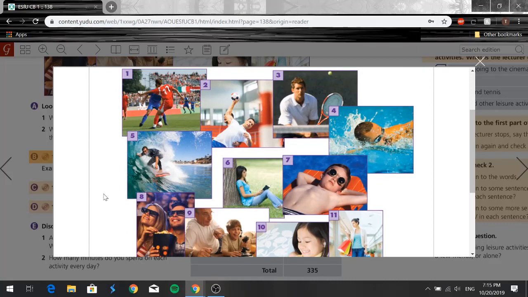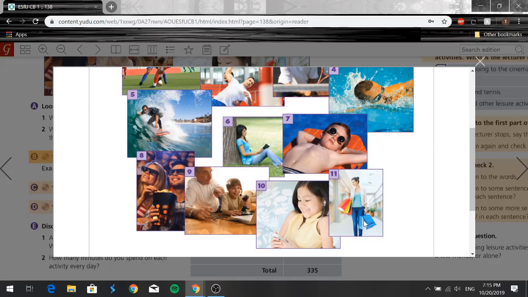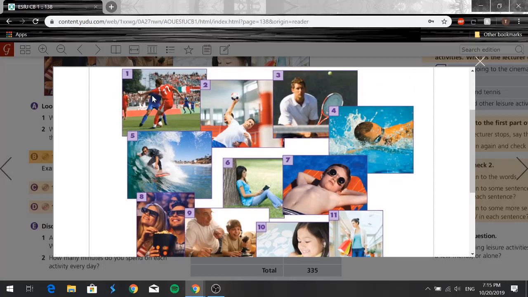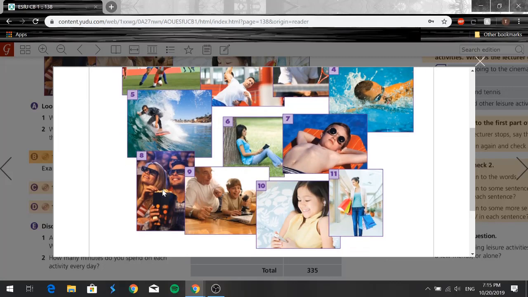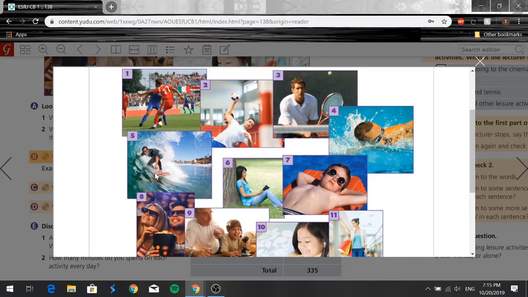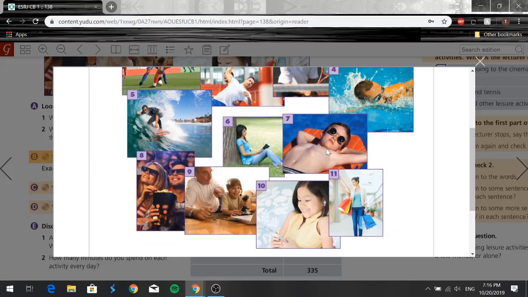Exercise B. Listen and point. Going shopping. Playing football. Going swimming. Playing handball. Reading a novel. Watching a film. Going surfing. Playing tennis. Going to the beach. Playing computer games. Listening to music. I love going swimming.